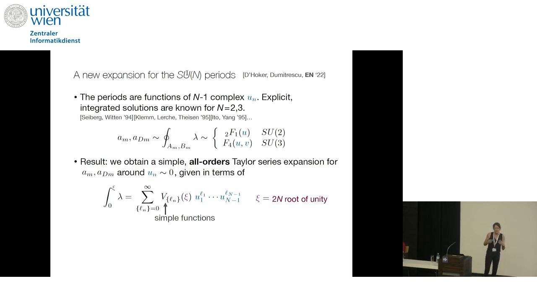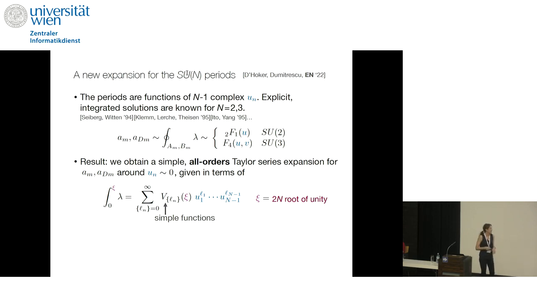Explicit integrated functions whose properties we can determine and plot, for example, are only known for SU(2) and SU(3), where these are given in terms of Gauss hypergeometric functions and Appell F4 functions, respectively. So, motivated by this analysis, we did a computation and obtained a simple all-order Taylor series expansion for the A and dual periods of SU(N) Seiberg-Witten theory around the origin of moduli space.